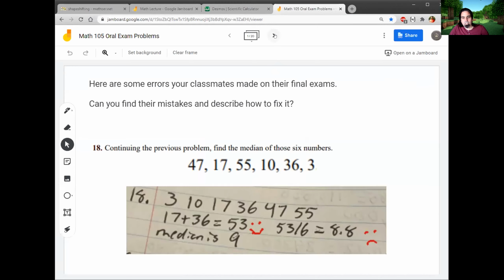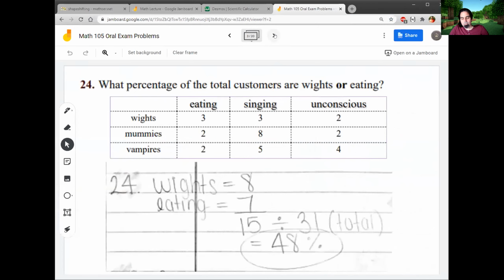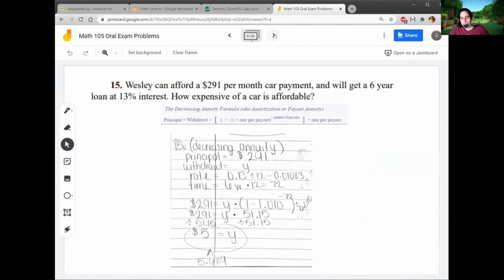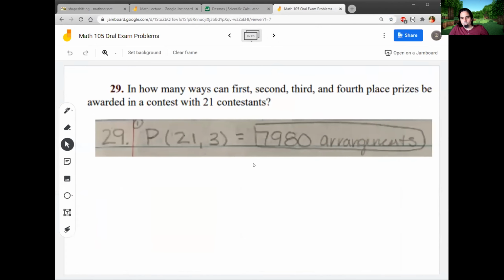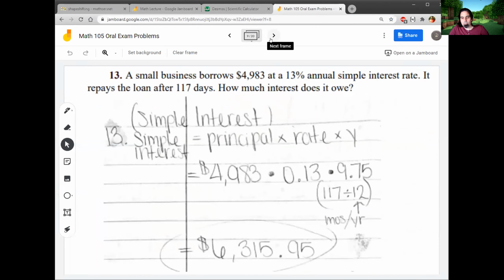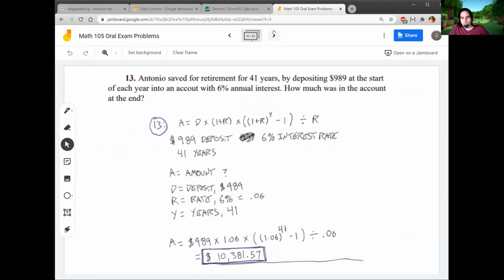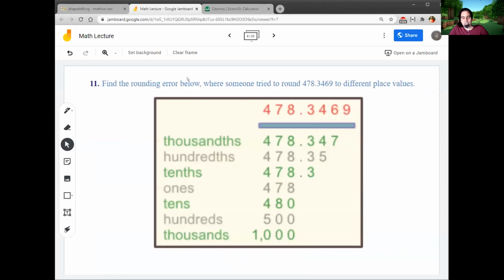After the students did a written final, we would meet in Zoom, either individually or in small groups. And these were their classmates having made mistakes on the final. Could they find the mistakes and fix them? So we could do a similar thing if you want this term. It is a good end of term activity to try and fix other people's mistakes, because it's harder than just doing it right the first time, and you can end the term saying, yeah, I am hot, I can do this.